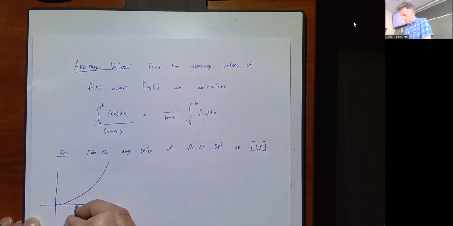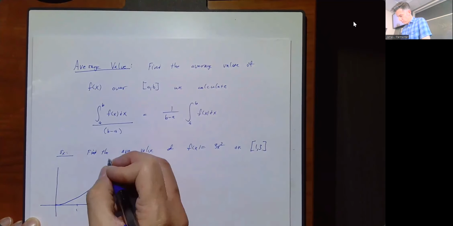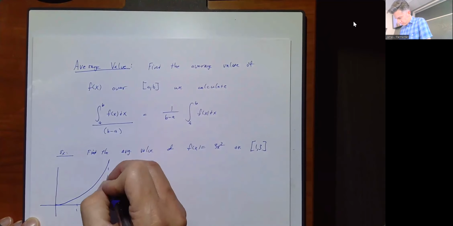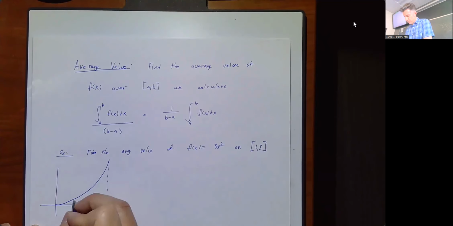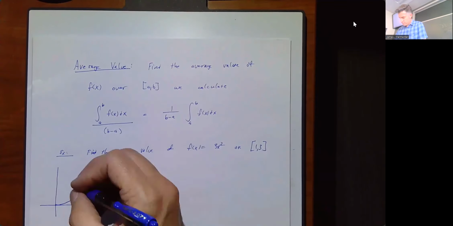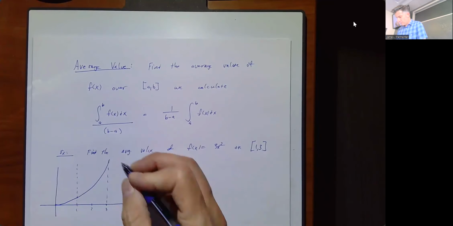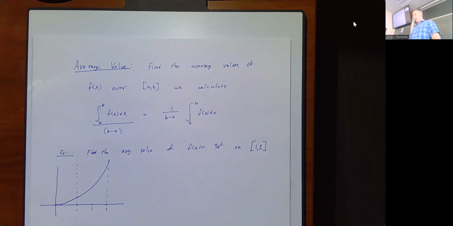And let's say here's 1, 2. It's kind of like you had a glass of water from 1 to 3, and you pour the water in, and the water is not going to stay like that. It's going to level out at some average height.